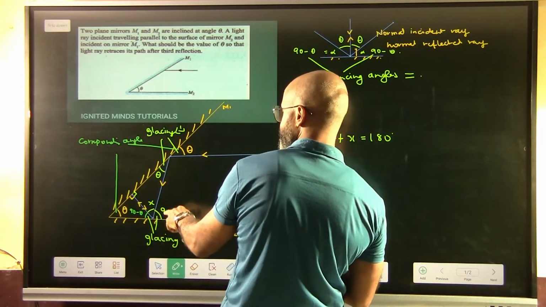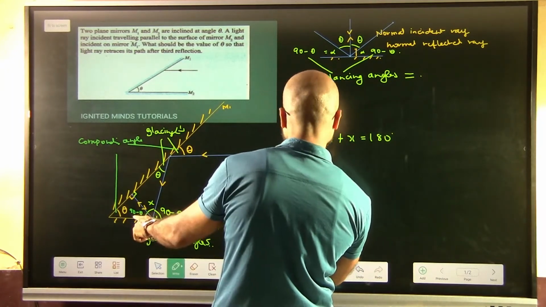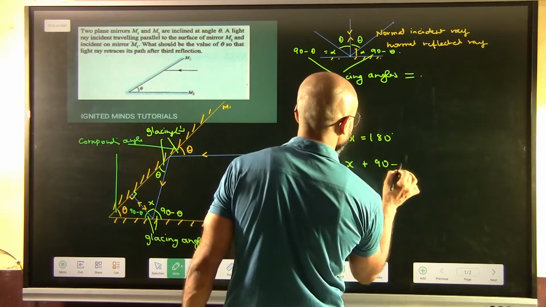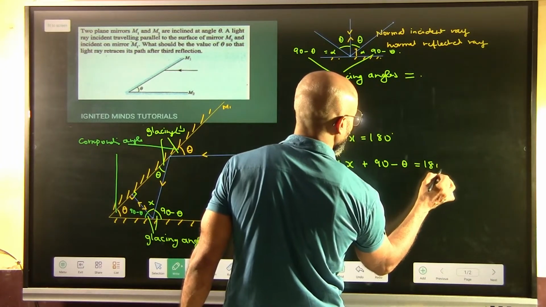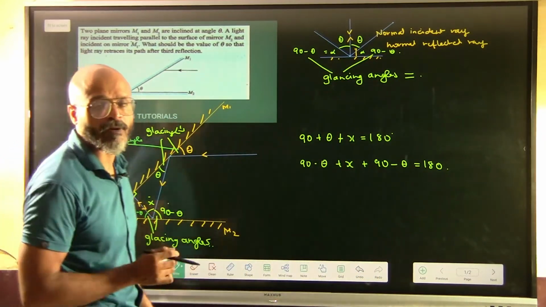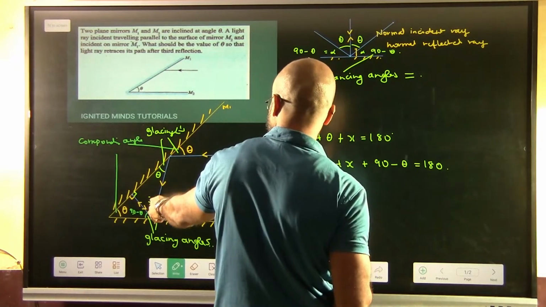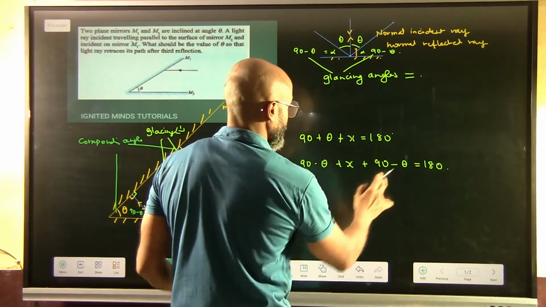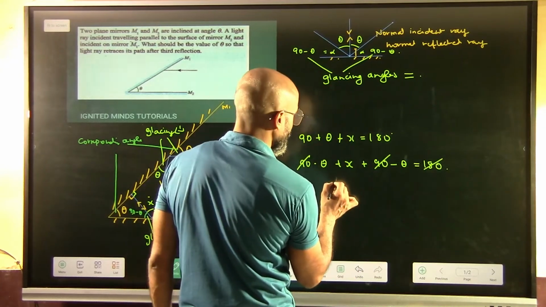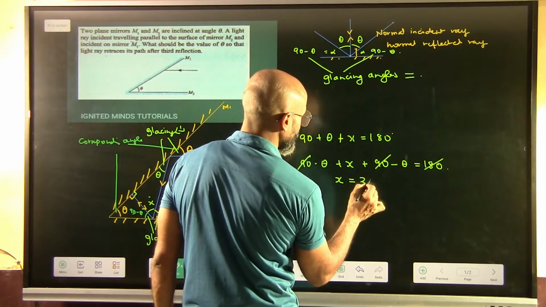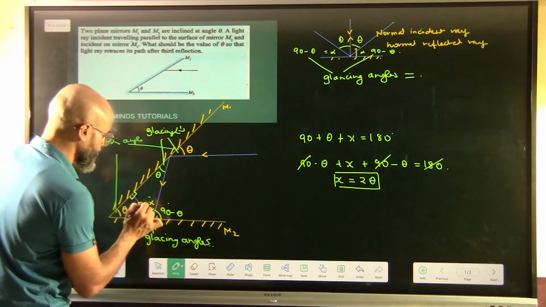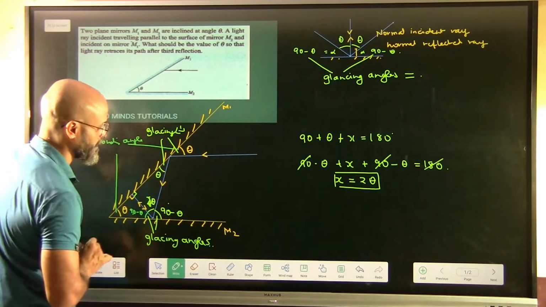If I take all these as supplementary angles, then 90 minus theta plus x plus 90 minus theta is equal to 180. Cancelling the 180, we have x is equal to 2 theta, which means this angle will be 2 theta.